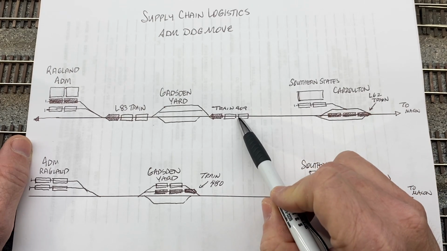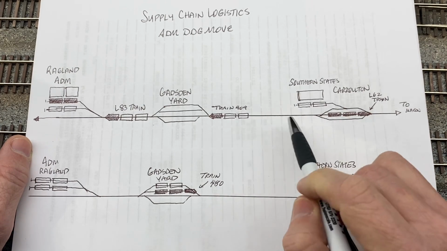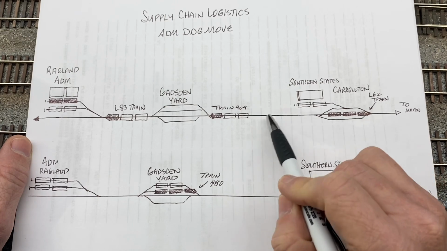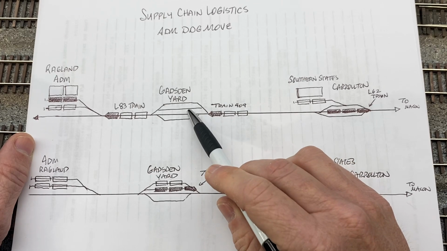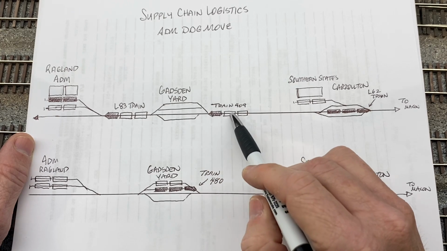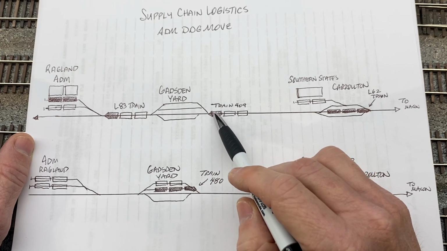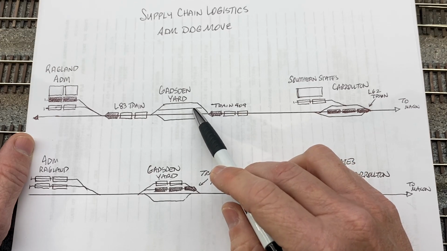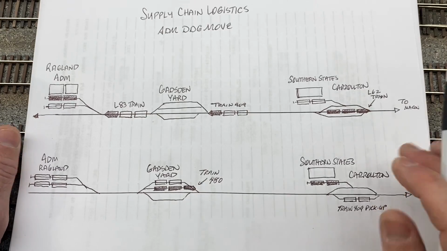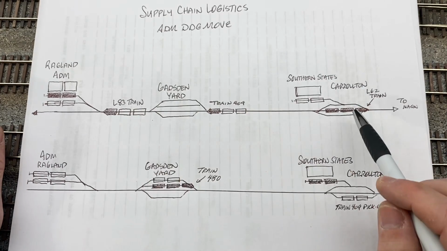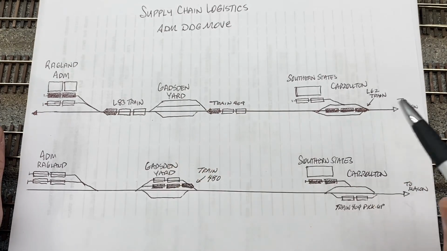Here in the middle, you have train 409, the one that had departed from Carrollton with 2 empties going into Gadsden Yard. So those 2 cars that I considered in Gadsden Yard were 2 empties that were arriving on train 409. So you can consider this as one day, a snapshot of what's going on with all the equipment, which comes out to 12 cars.